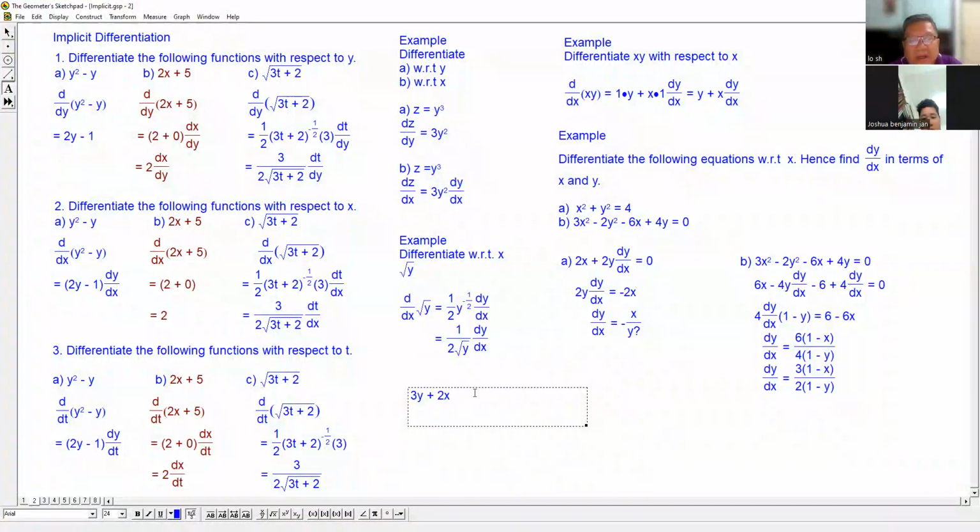I ask you to differentiate it with respect to x. First one, differentiate with respect to x. Then second case, differentiate with respect to y. So two questions. Can you do it on a piece of paper and show me what the answer is?